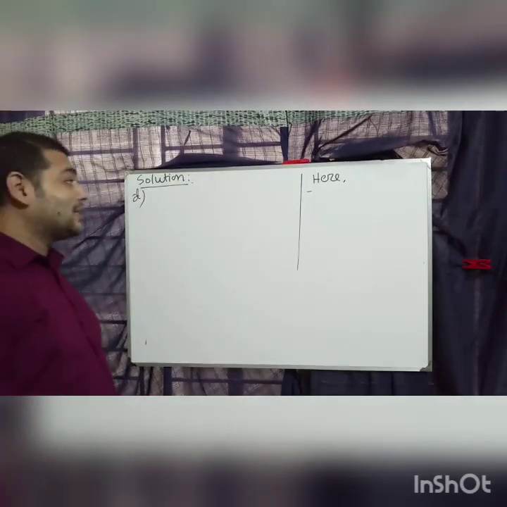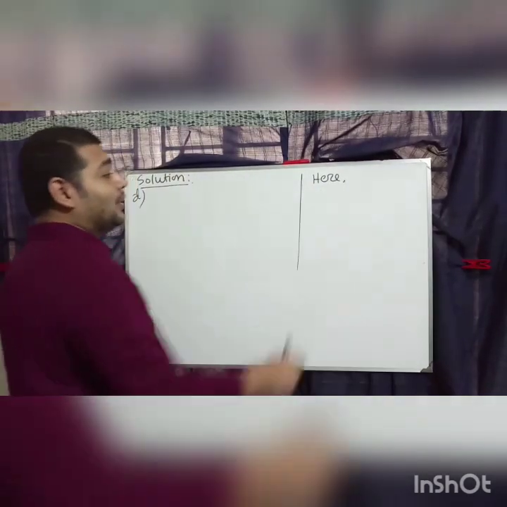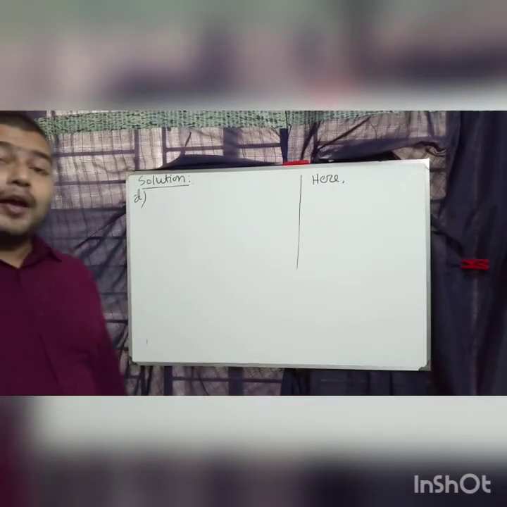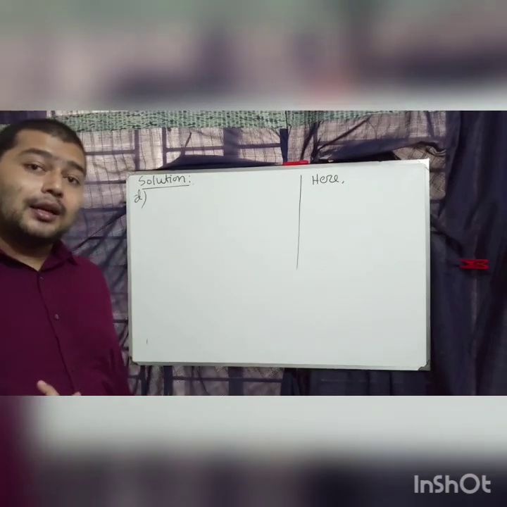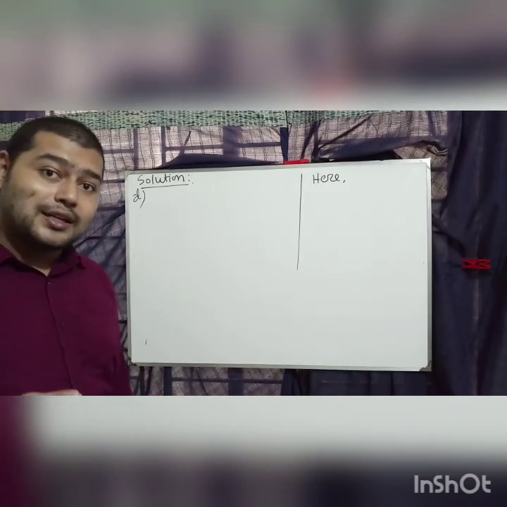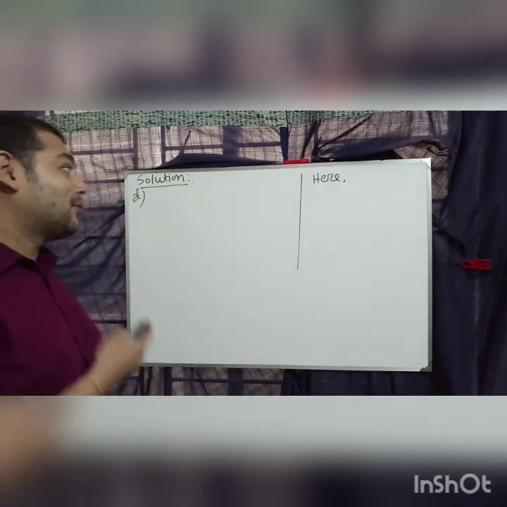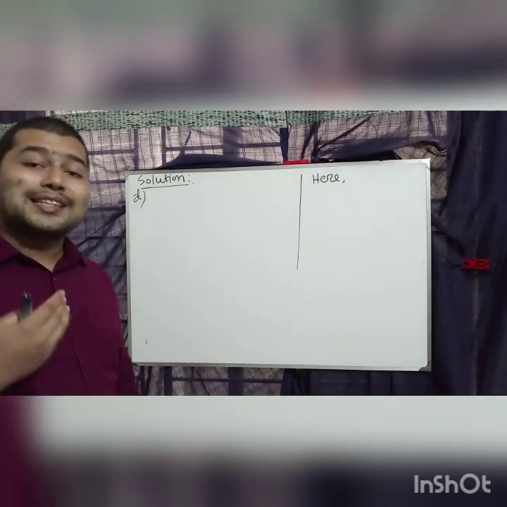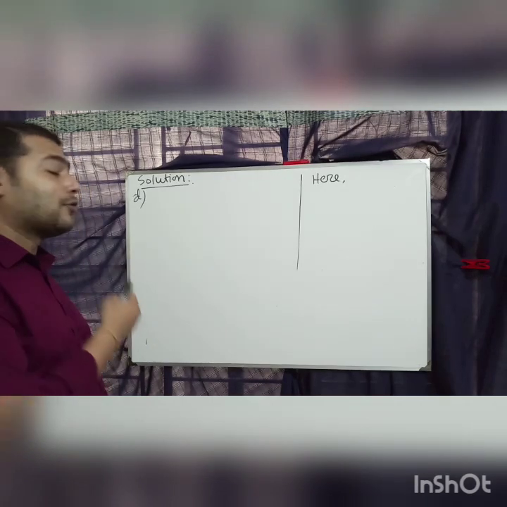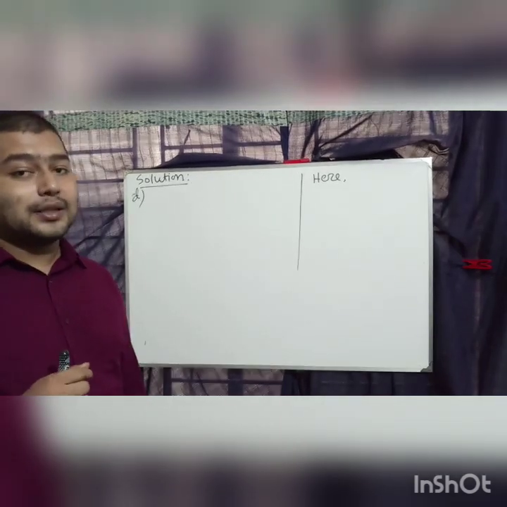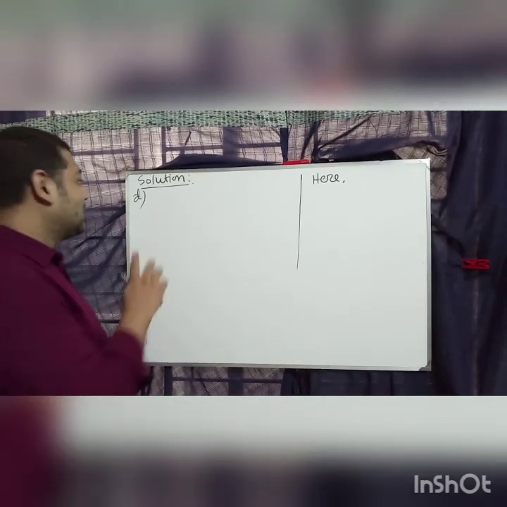So we need to determine the value of contraction at temperature 4 degree. Then we can discuss the reason for snapping of the copper wire.